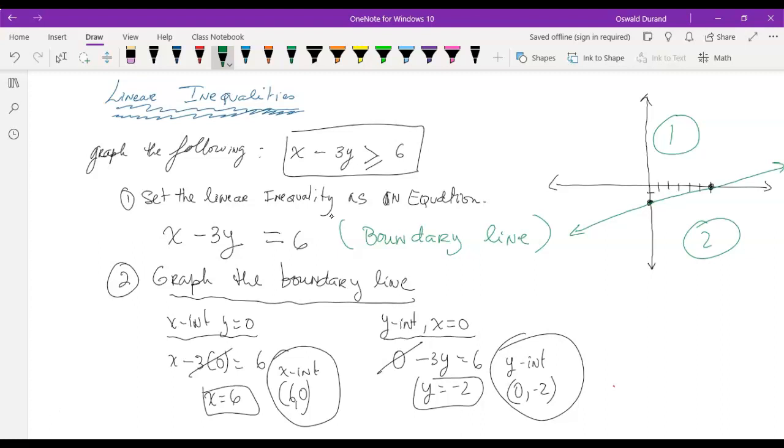It's easy, because all we have to do is take 1 point, or 2 if you want to.